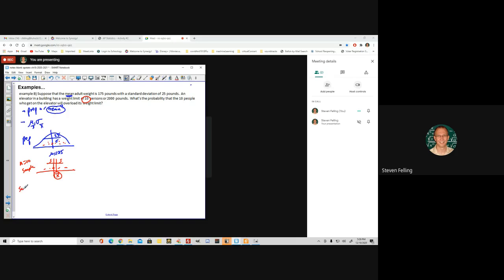So if I go down here to the sampling distribution model level for the sample means, that's going to have each X bar for a bunch of different cases. If I took 10 people at a time and weighed them and then found their average weight, what would that look like? Well, we would have a mean of weights of the means and a standard deviation of the means.